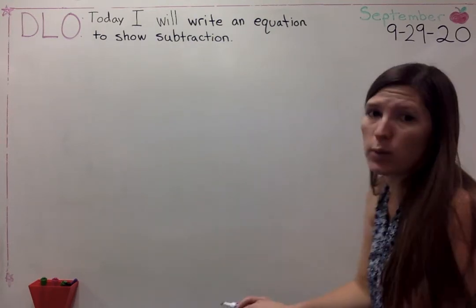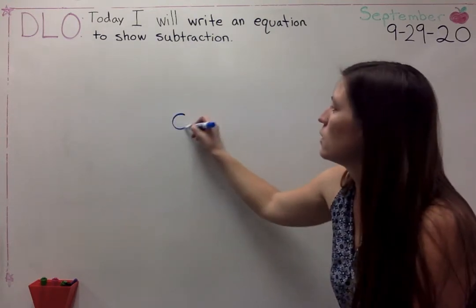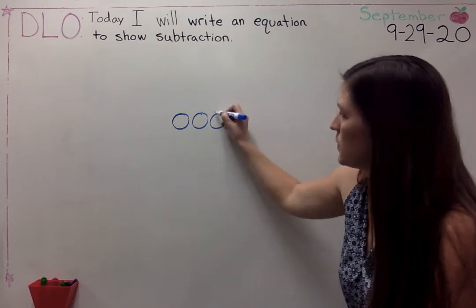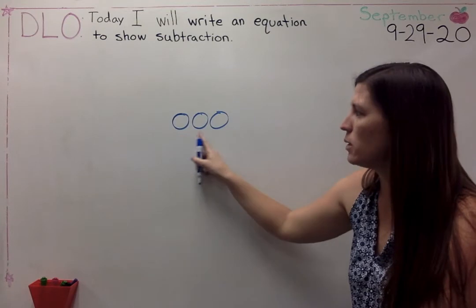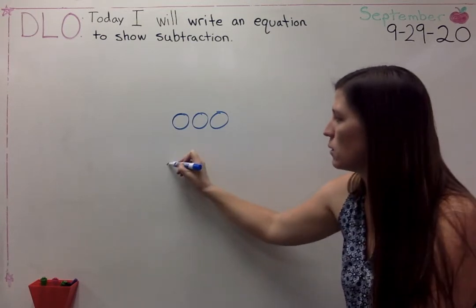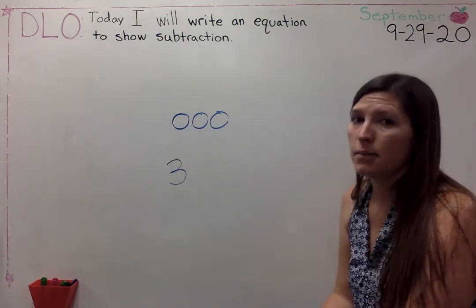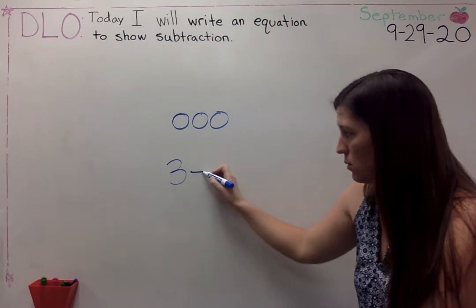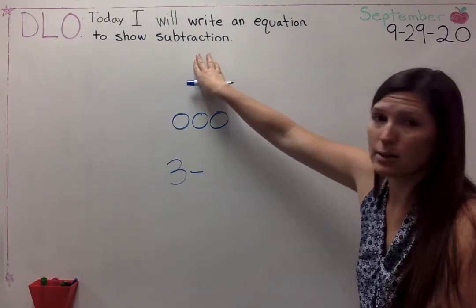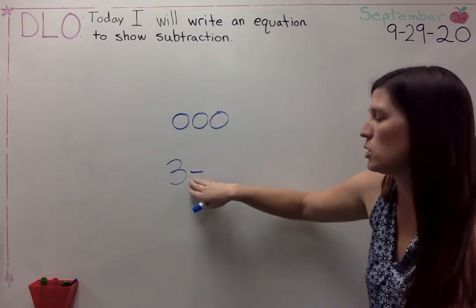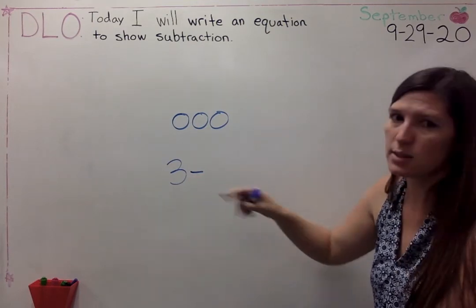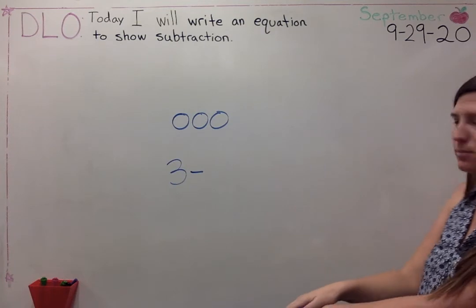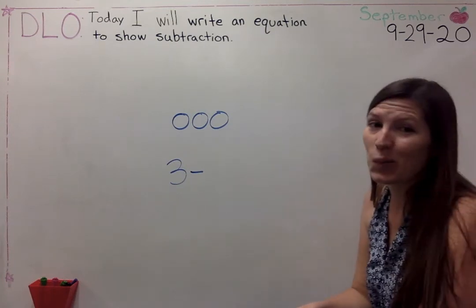We're almost done. Let's do one more example. Went to the store and I got some more cookies. How many cookies do I have? 1, 2, 3. Minus, because our objective today is subtraction. My operation is minus. 3 minus, how many cookies did I eat? 1.